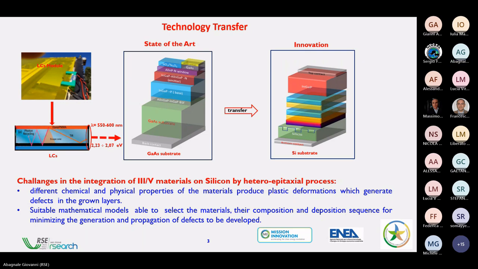For this reason, we developed an application based on mathematical models able to select the materials, the compositions and the deposition sequence, for minimizing the generation and propagation of the defects. This is the main challenge in order to integrate III-V materials on silicon.